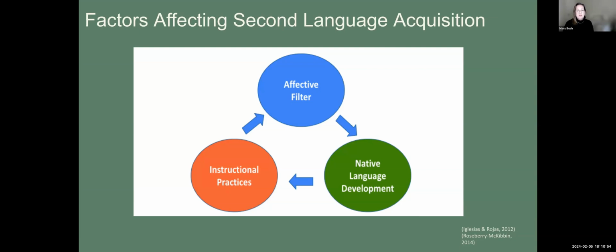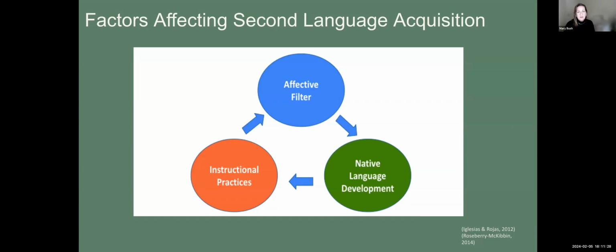So for instance, if a student doesn't feel like they're in a safe environment, if a student feels threatened, if a student doesn't have their basic needs met, or it could be something inside that student. It could be internal. It could be that they're just a shy person, or it could be that they've had some kind of trauma that happened to them before they came to the United States. All of those things can affect how well they're able to lower that affective filter and engage in learning.